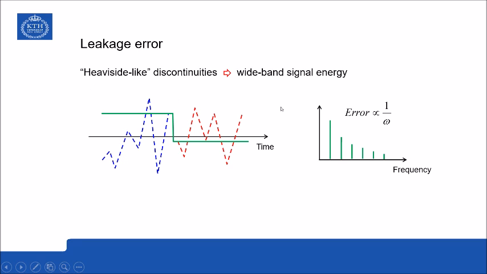It can be shown then that this Heaviside-like function will introduce an error spectrum, where the error in the frequency components is proportional to 1 over the frequency, so it will fall down like this.